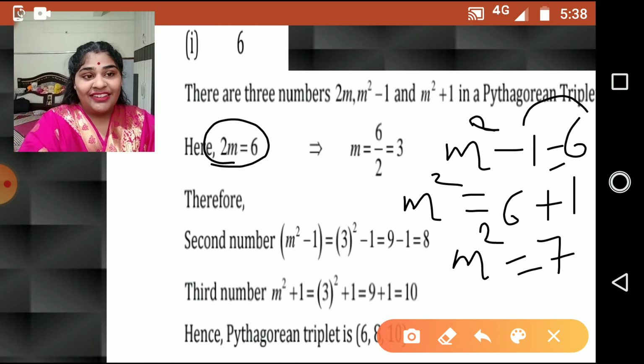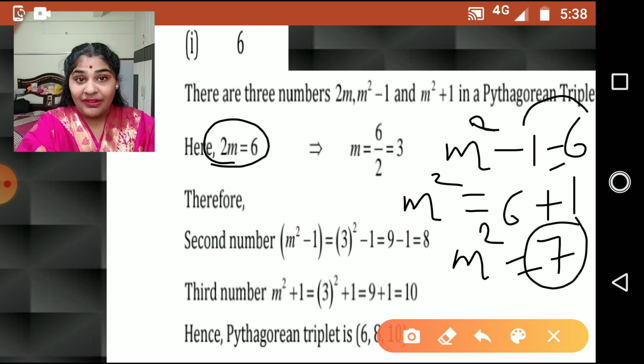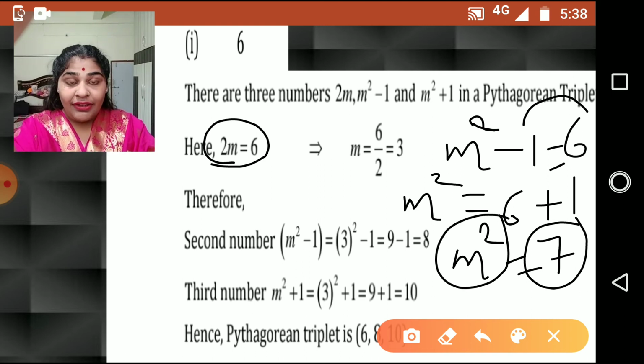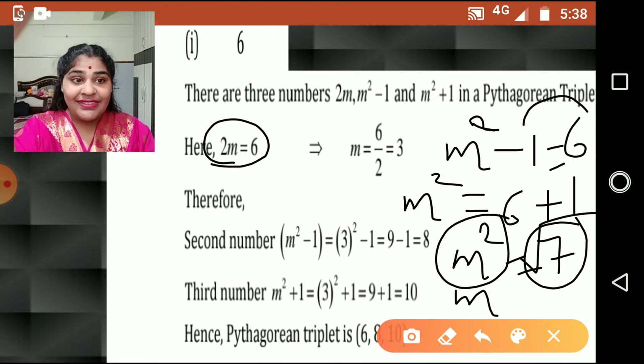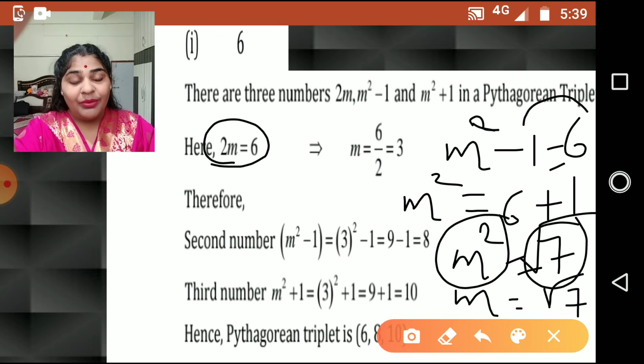Now if you see here, 7 cannot be a square of any number. That is, m square is equal to 7. Now when I have to find out the value of m, this square will go to the other side and become under root. We have already studied this. So m is equal to under root 7, which is not an integer value, right children?